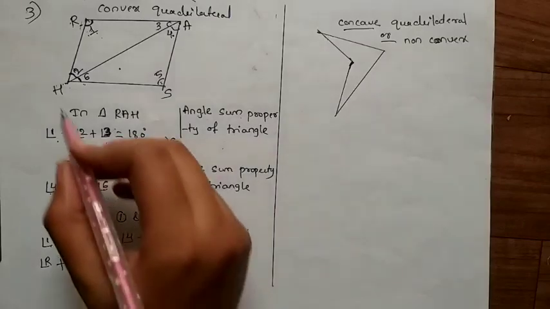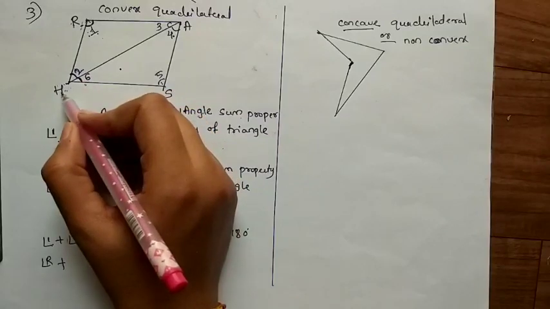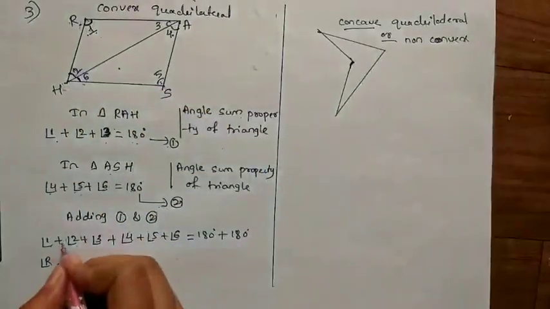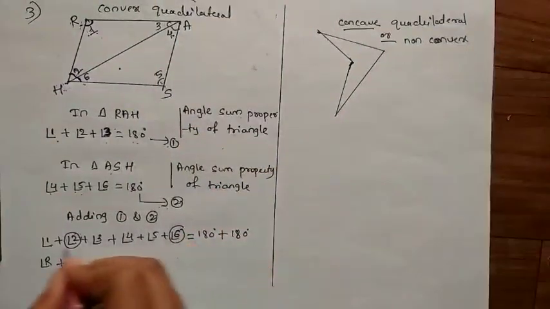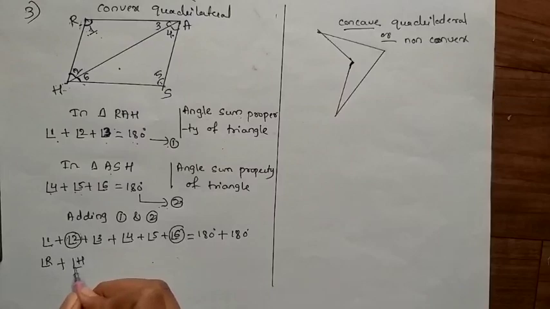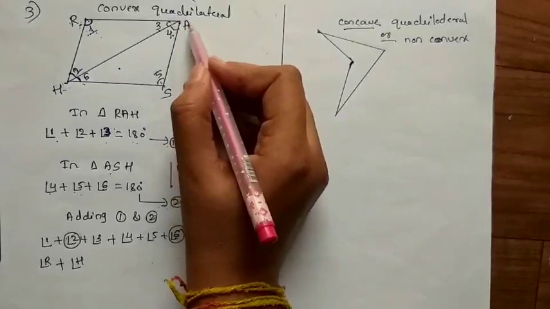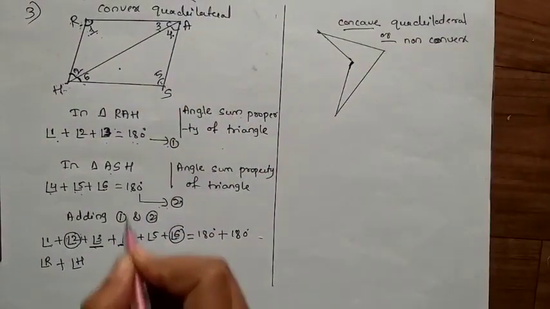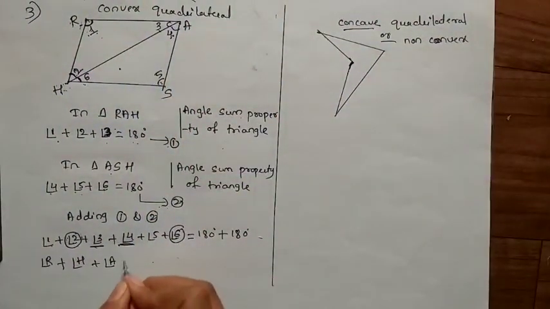Here angle H has been divided into two angles. Angle 2 plus angle 6 is angle H. Angle 2 plus which angle? Angle 6. Angle 2 plus angle 6 is equal to what here? Angle H. Next, angle 3 plus angle 4 is angle A, and keep plus as it is.